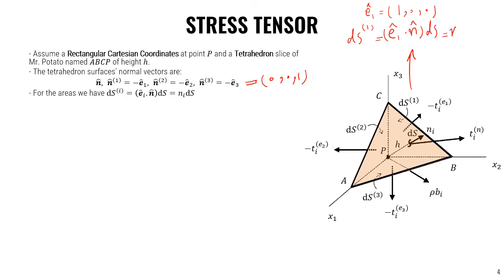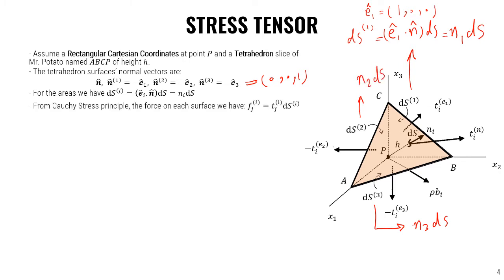It simply becomes the first element of the normal vector of the base surface, multiplied by ds. Similarly, for ds3, it is n3, the third element, ds, and for ds2, it's n2, the second element, ds.